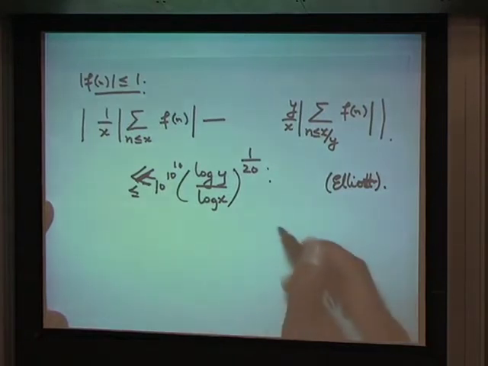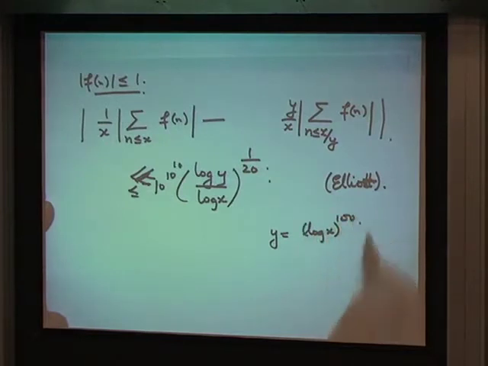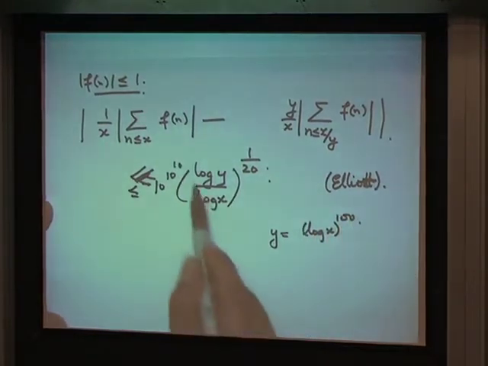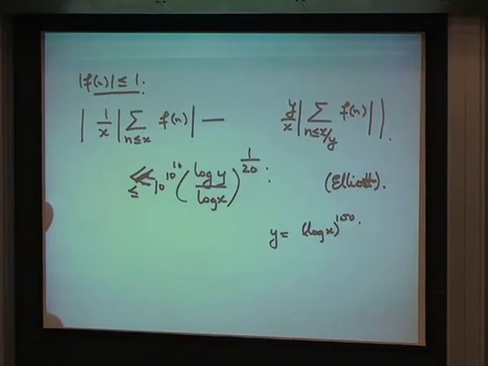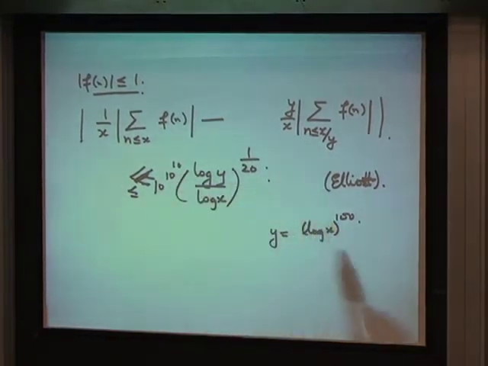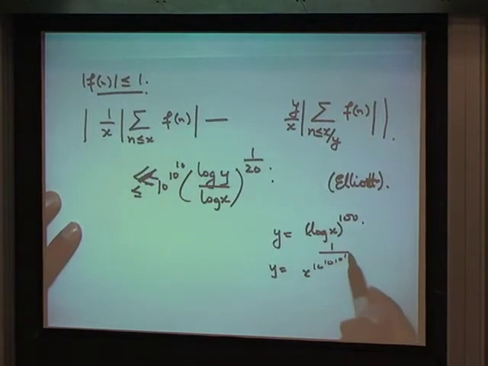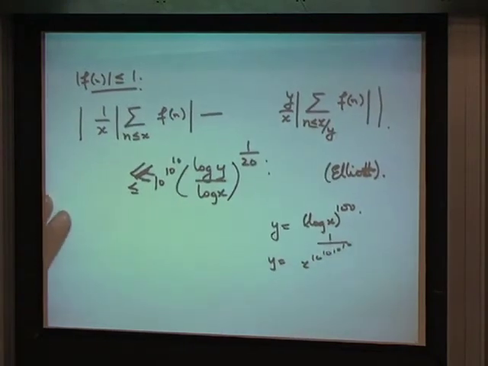But y could be log x to the 100. It's still a non-trivial theorem there, and then it's some power of log. But with this, you still have a result if y is x to the 1 over 10 to the 10 to the 10 to the 10. So it gives a non-trivial statement there.